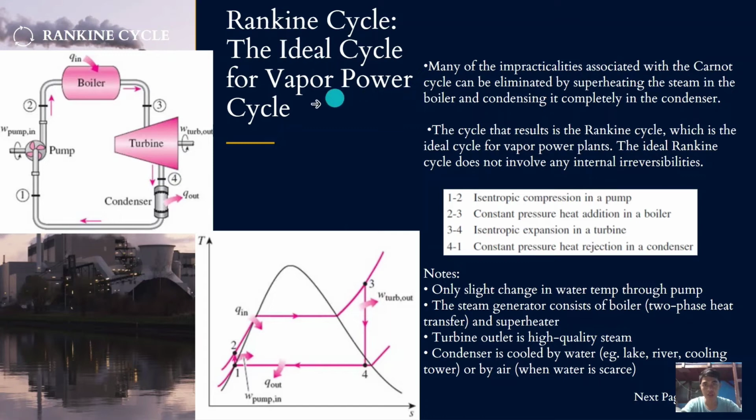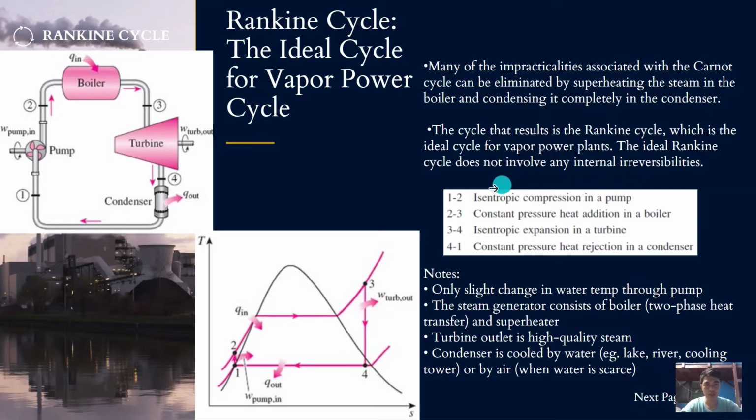Now the Rankine cycle, the ideal cycle for vapor power plants. Many of the impracticalities associated with the Carnot cycle can be eliminated by superheating the steam in the boiler and condensing it completely in the condenser. The resulting cycle is the Rankine cycle, the ideal cycle for vapor power plants.